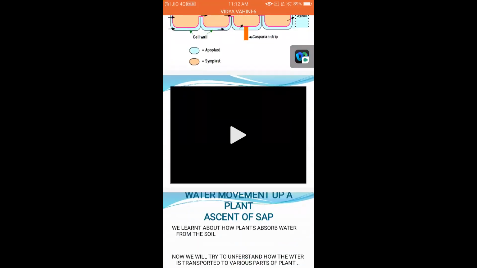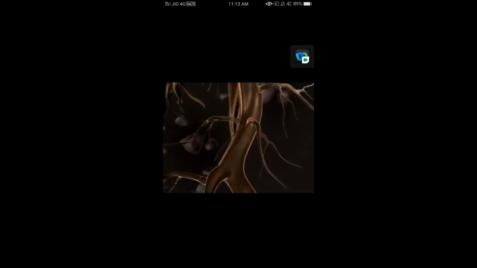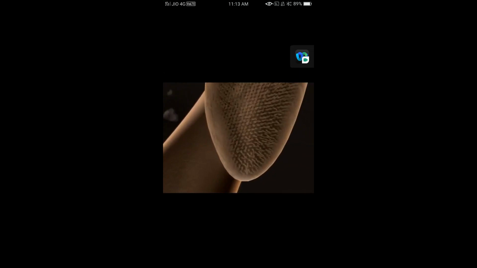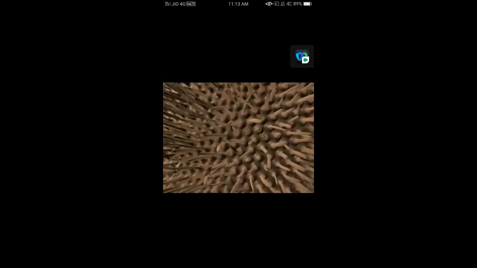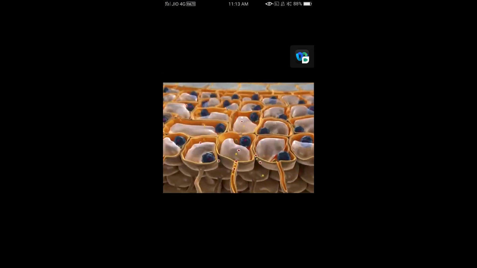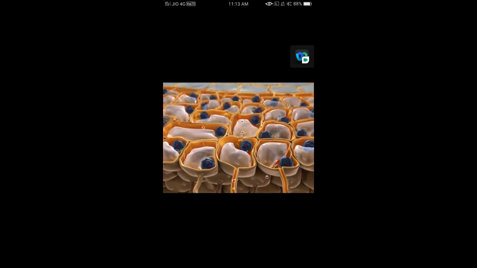And I will show you the video, how the water is transported. There is absorption of water from the soil to the xylem. The plant has a number of roots and root hairs. From the root hairs, the water is absorbed and enters into the epidermis, and then the cortex, then the endodermis and the phloem.